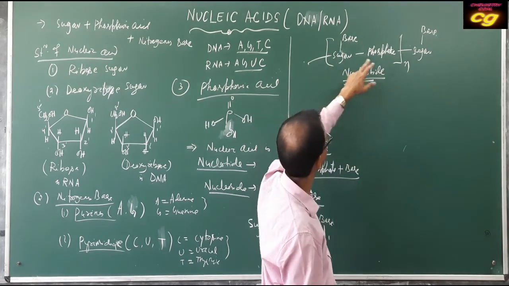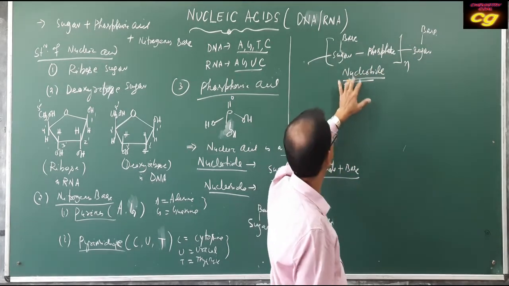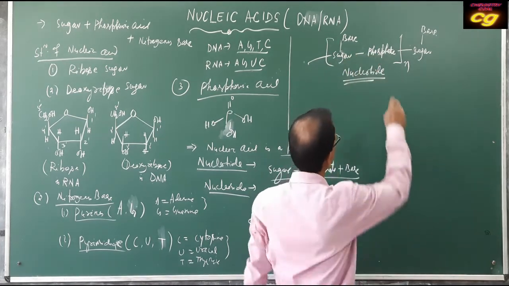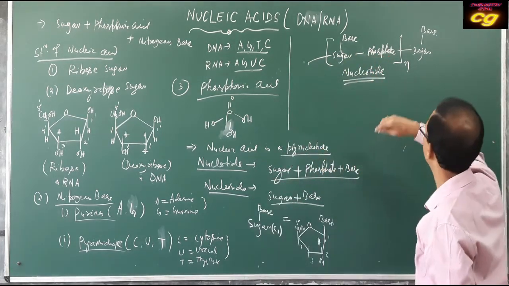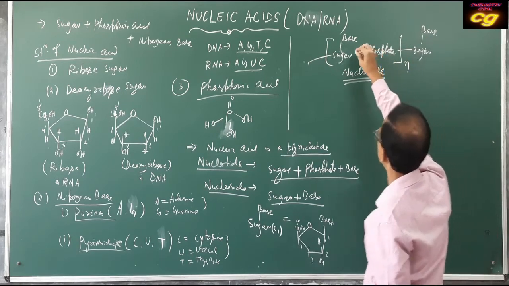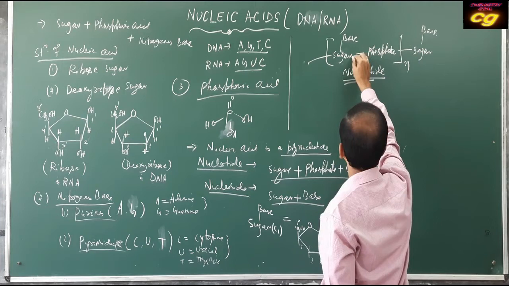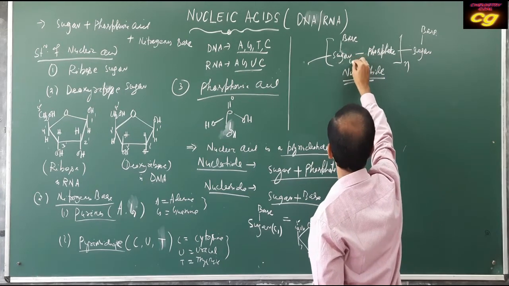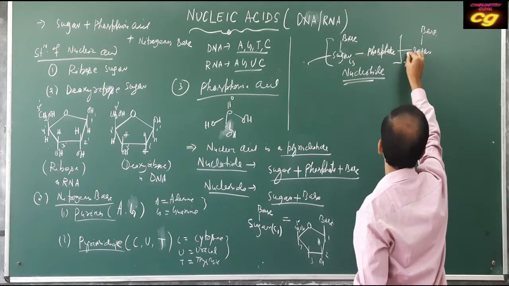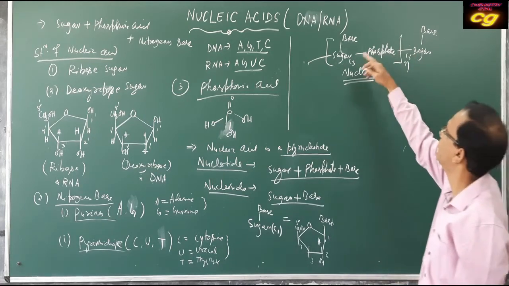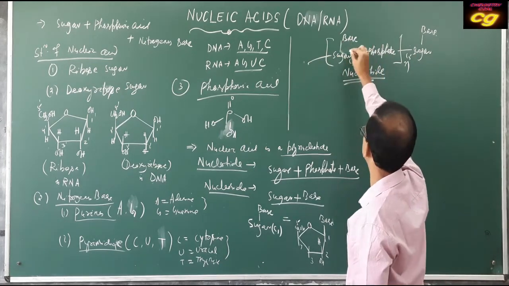Here sugar and phosphate form the sugar-phosphate bond. Phosphate is attached to sugar at carbon C3 and C5, and base is attached to sugar at C1.